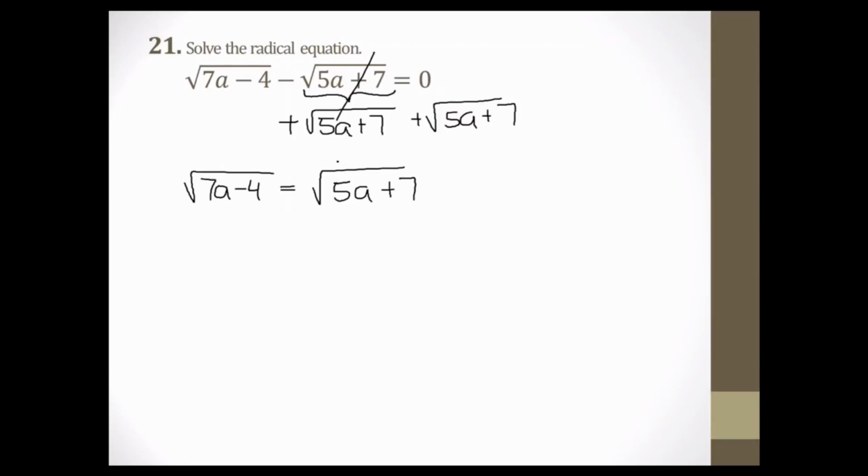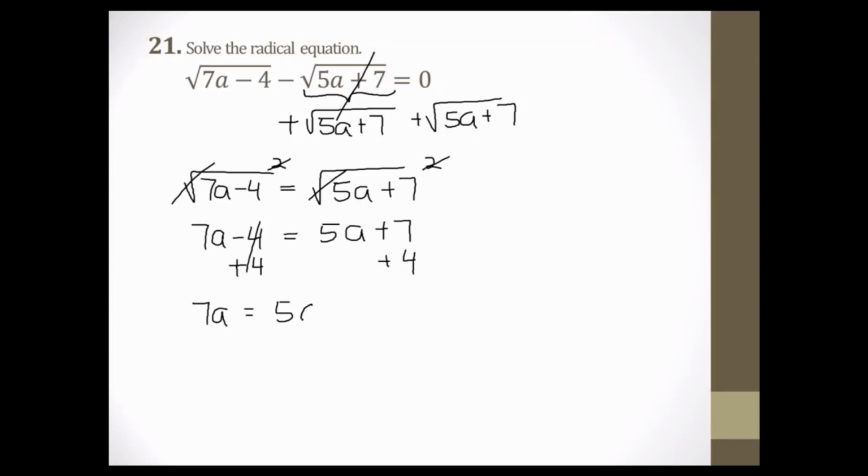So now we can apply the property of squaring both sides, because the square and the square root cancel each other out, and then we are left with 7a minus 4, which is equal to 5a plus 7. Solving for a, so let's add 4 to both sides, and we have 7a is equal to 5a plus 11.